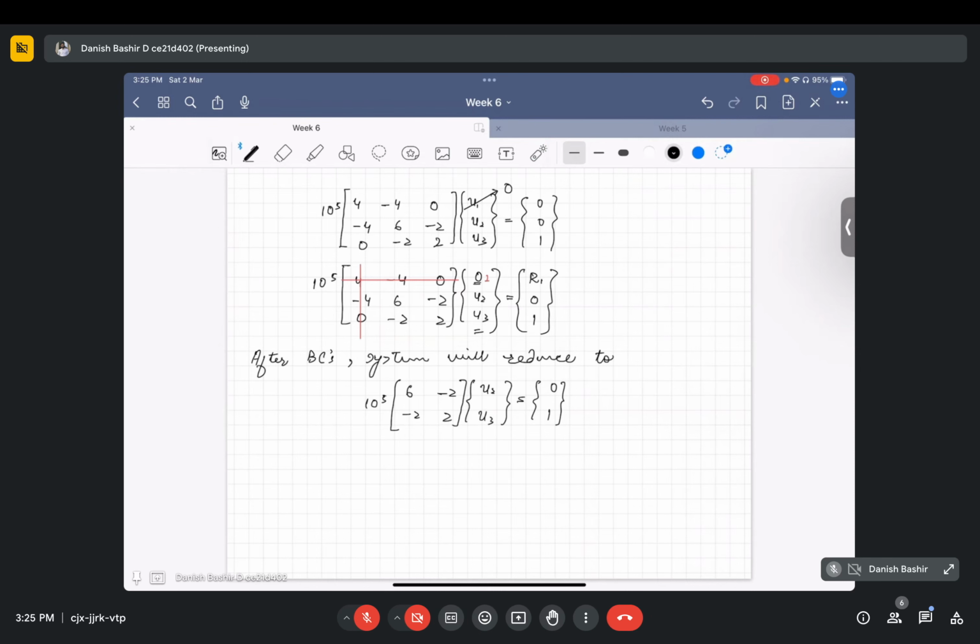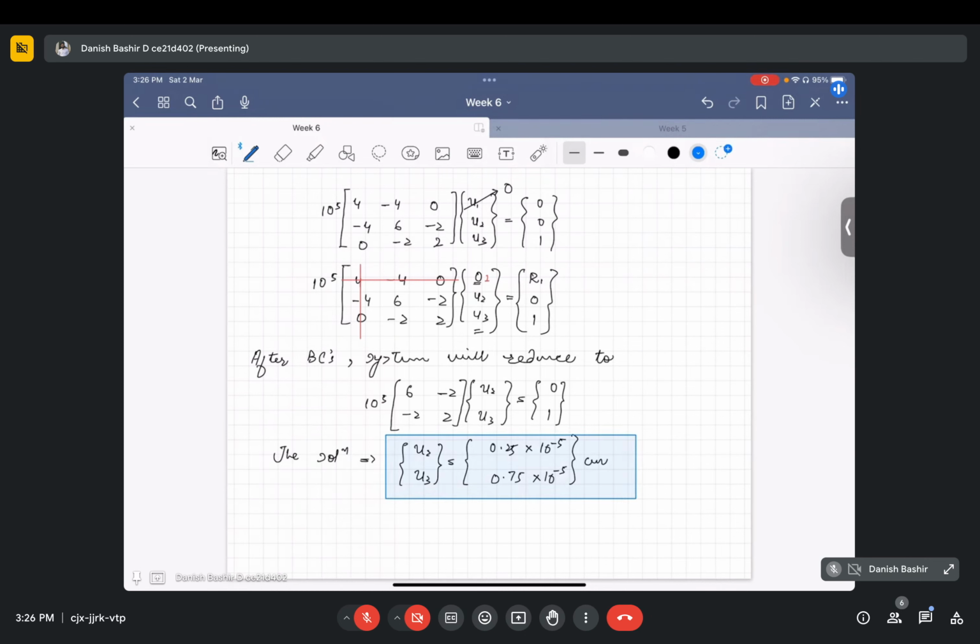You can easily find the solution. The solution for the u2 u3 vector will be 0.25 times 10 to the power minus 5, 0.75 times 10 to the power minus 5 centimeter, because everything was in centimeter. So this is our solution for the nodal displacements.